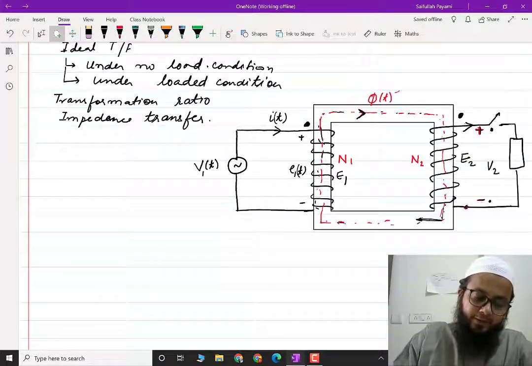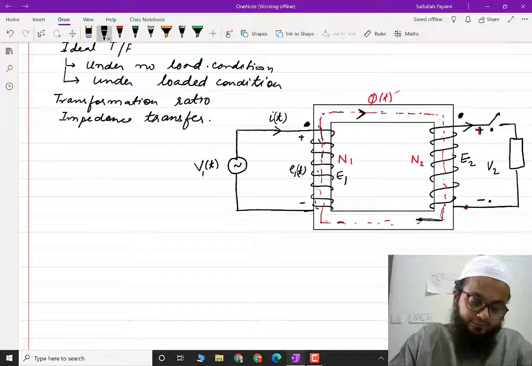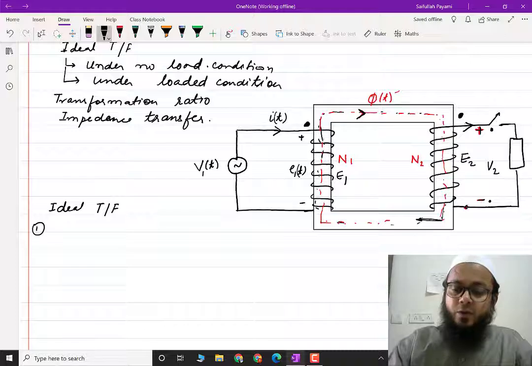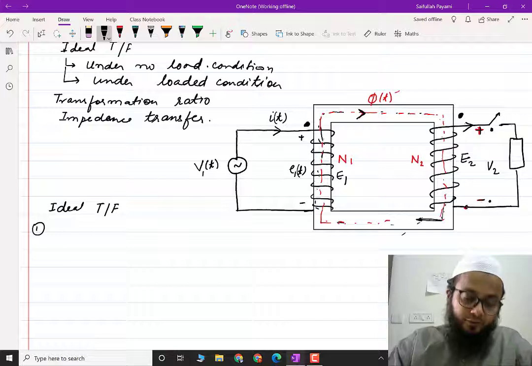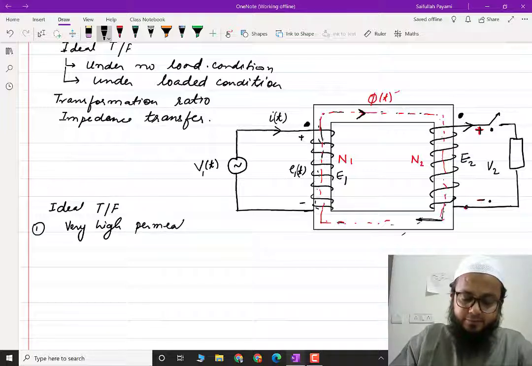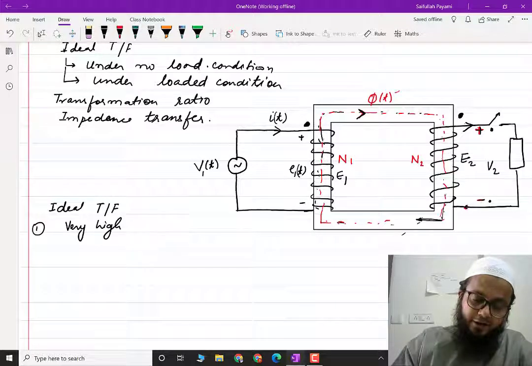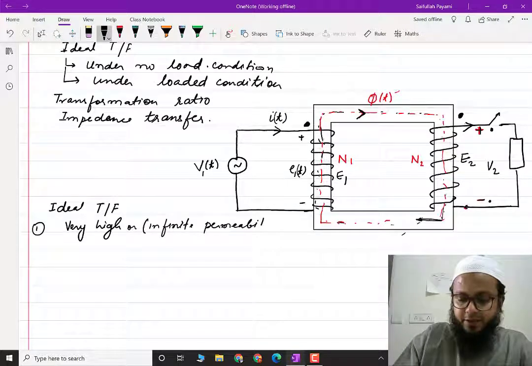So for the ideal transformer, we'll assume a similar kind of construction, and the first condition is that the core is a ferromagnetic core with very high, or infinite, permeability.